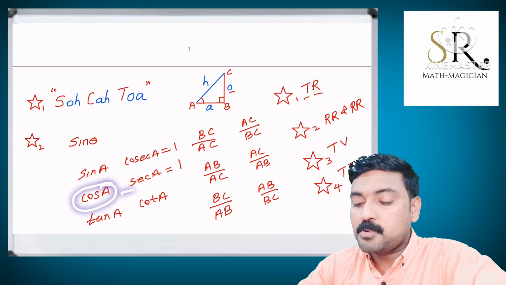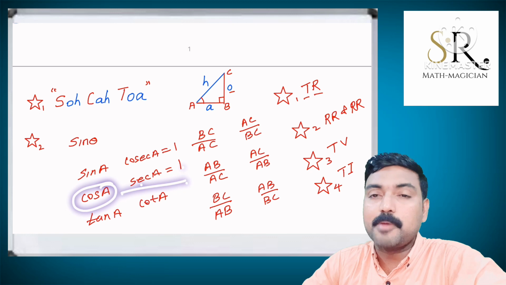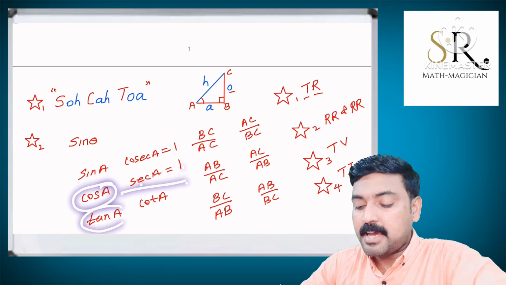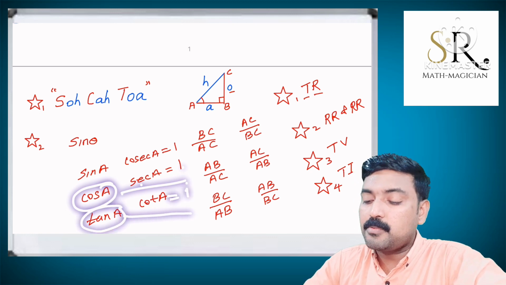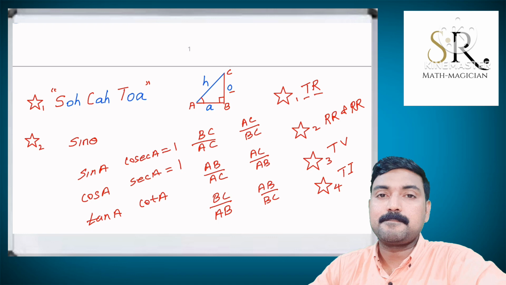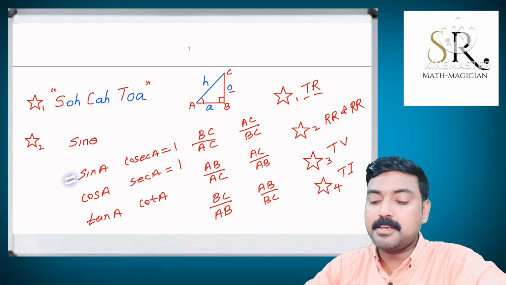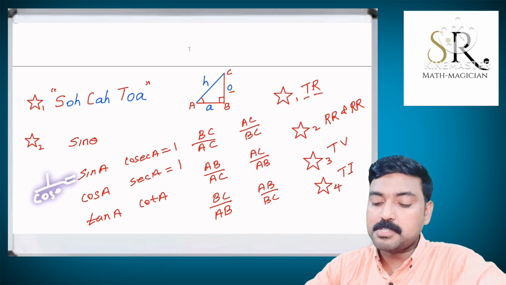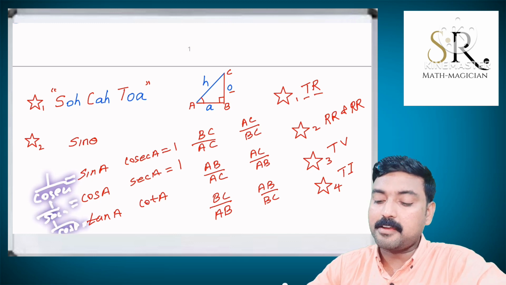Similarly, this cos is going to the right side: sec A is equal to 1 by cos A. This tan A is going to the right side: 1 by tan A. That means cot A is equal to 1 by tan A. Similarly, we can make sin A is equal to 1 by cosec A, cos A is equal to 1 by sec A, and tan A is equal to 1 by cot A.